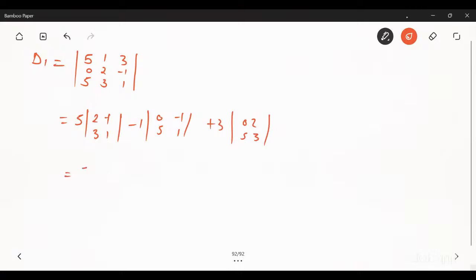Now multiply them. So 5 times (2 plus 3), minus 1 times (0 into 1 is 0 minus 5, which will become plus 5)... plus 3 times (5 times 2 is 10 minus 10).